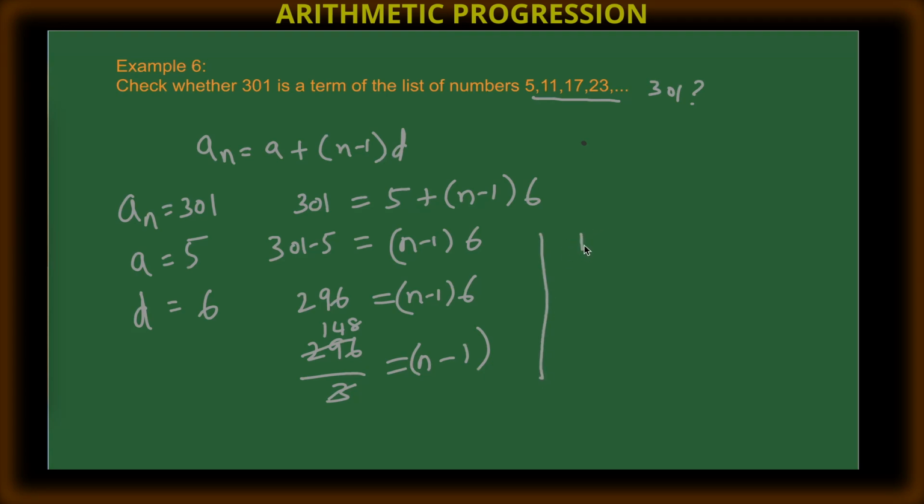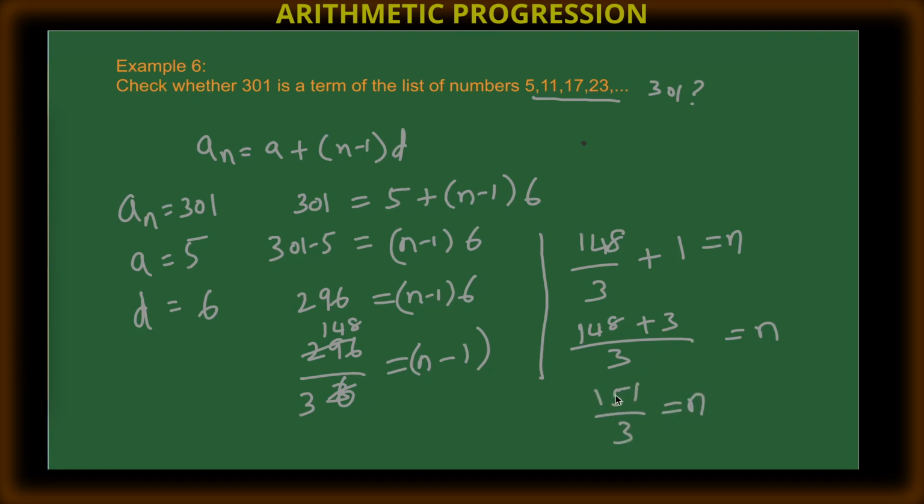So 148 divided by 3 plus 1 is equal to n. This n minus 1, we are expanding, bringing the minus 1 here. So it becomes 148 plus 3 is equal to n. It becomes 151 divided by 3, which is equal to n.